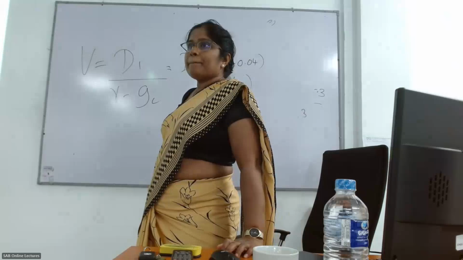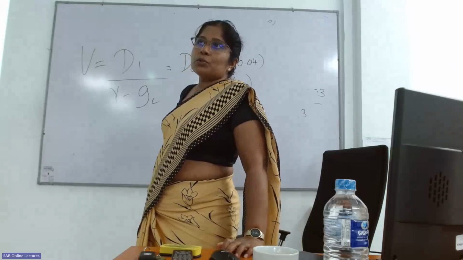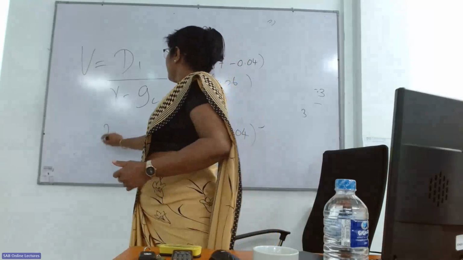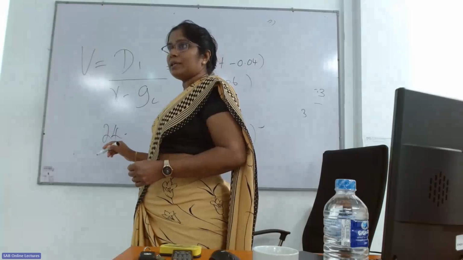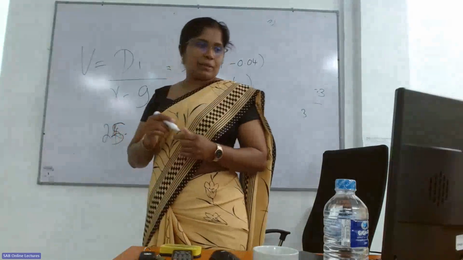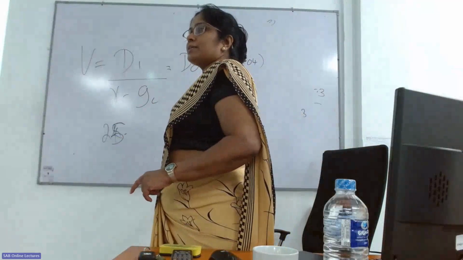It is 25 point something. 25. Right. So anyway, you have to solve this. That is 25. So remember, when there is a negative growth, you have to consider it like this.